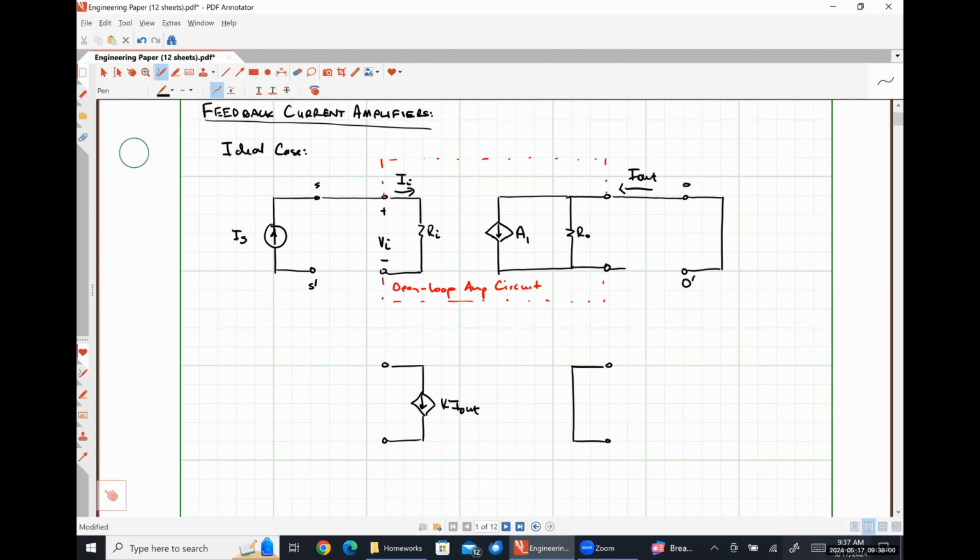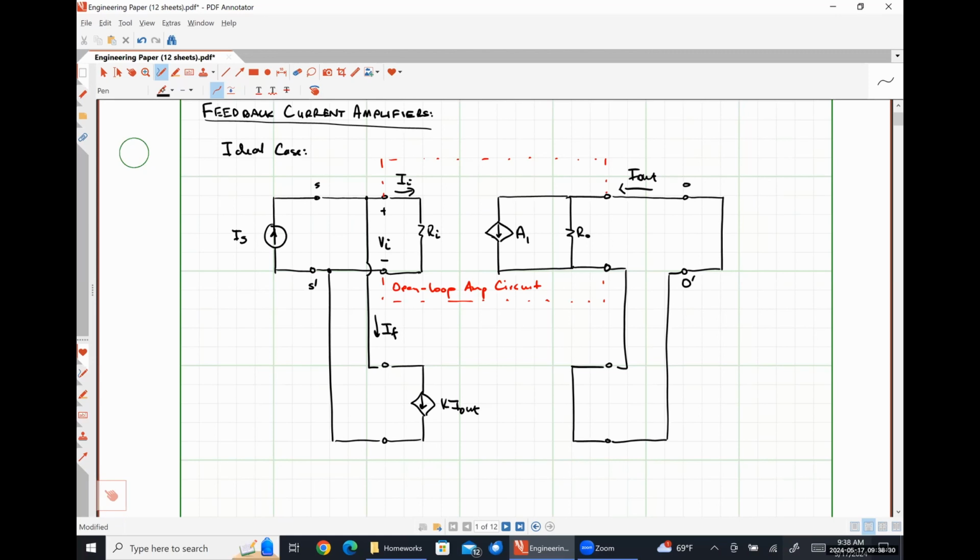And now we'll wire things up. This is my feedback current, IF.